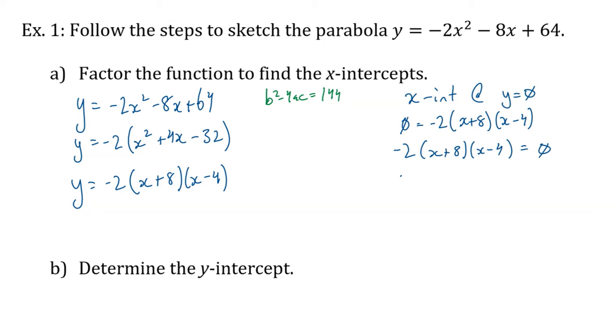Okay, and then we solve this. This is an equation. The fact that we're about to graph or sketch a parabola has nothing to do with that. This is just an equation like we saw before. So we've got x is negative 8, and x is positive 4. So my x-intercepts will be at negative 8, 0, and 4, 0, because the y value is 0, and those are the x values that we found.